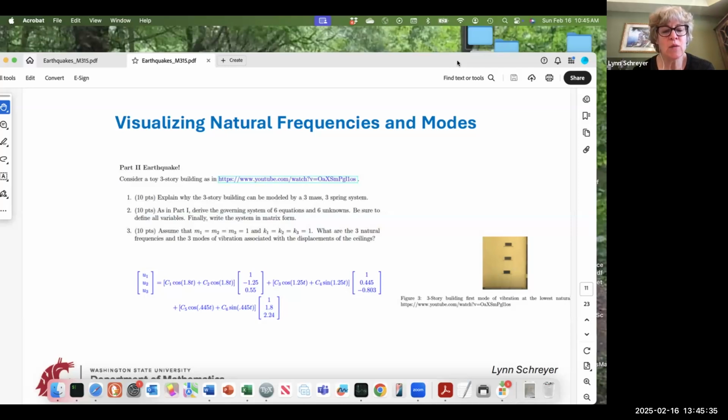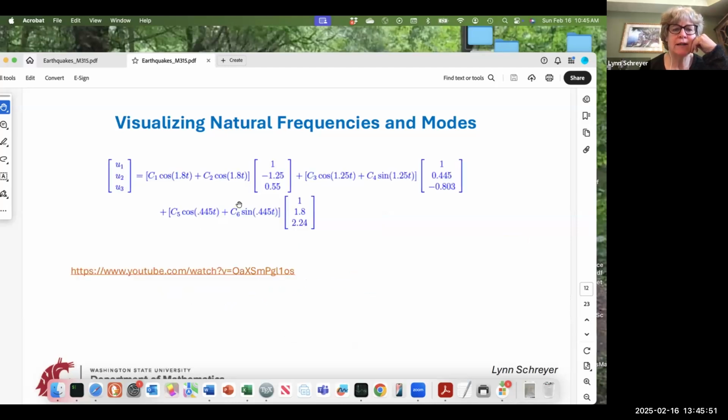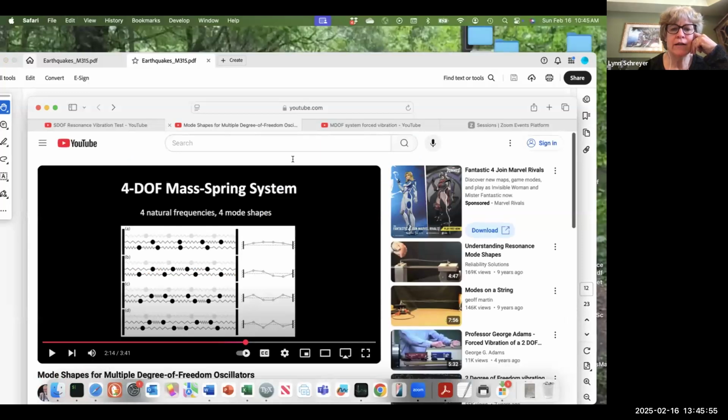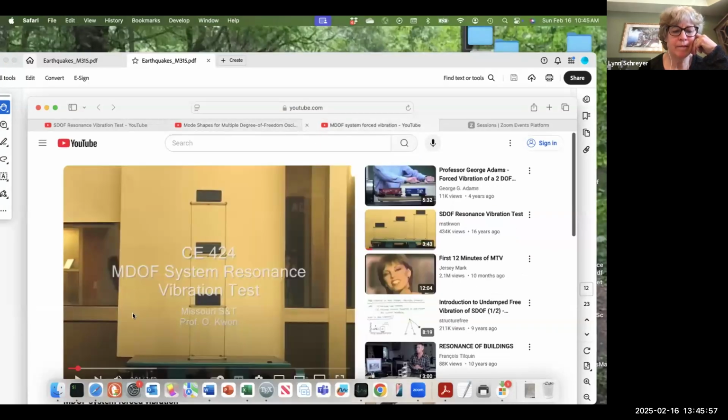And even assuming that all the masses are 1 and the spring constants are 1, we end up with the following system of equations. So again, we have 3 frequencies and 3 mode shapes. And we can go to this video and watch and see what happens.